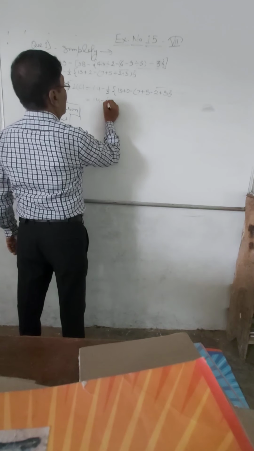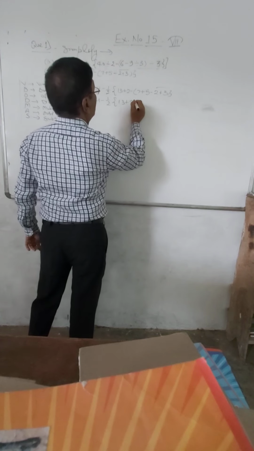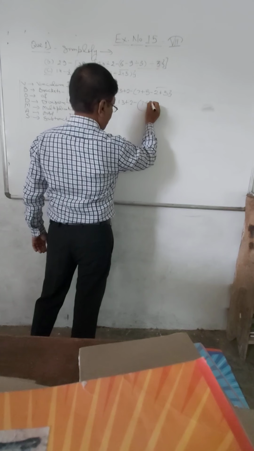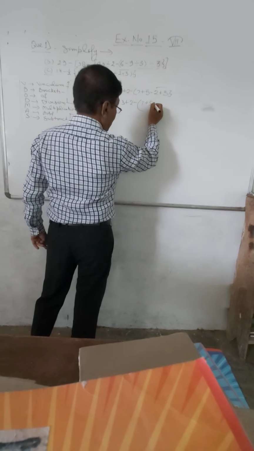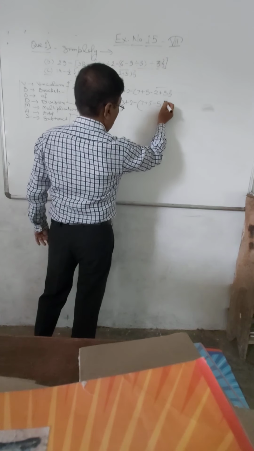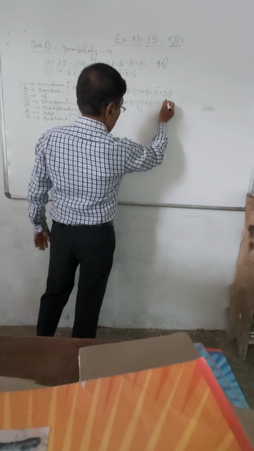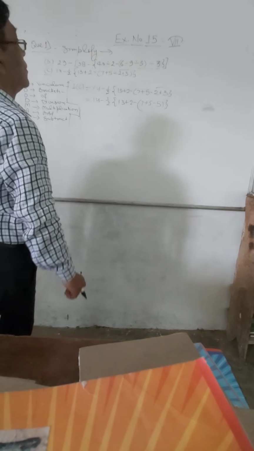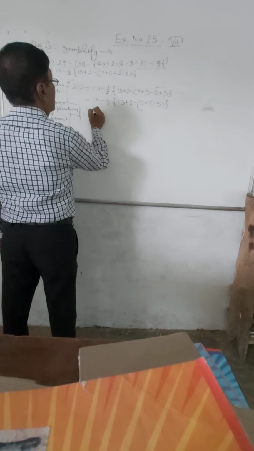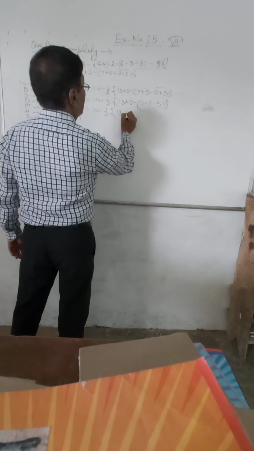So 14 minus half, 13 plus 2 minus 7 plus 5, 2 plus 3, 5. So here again 14 minus half, 13 plus 2.